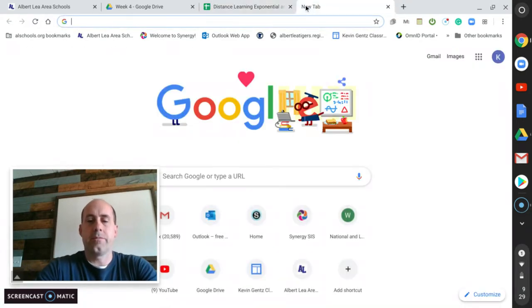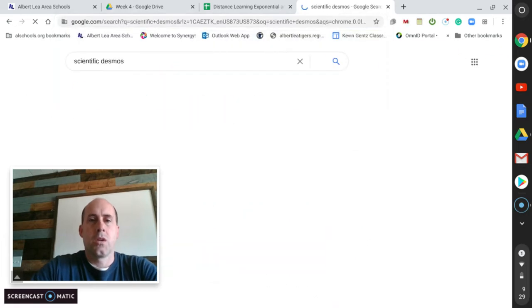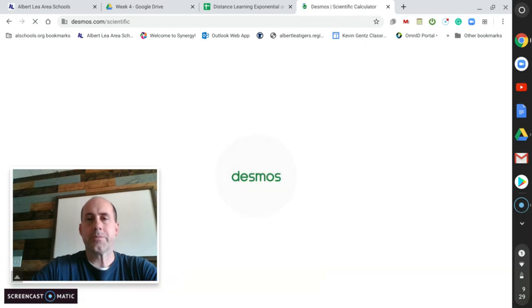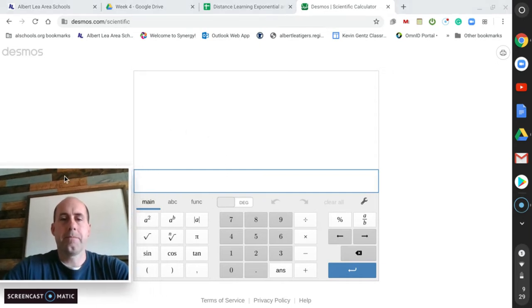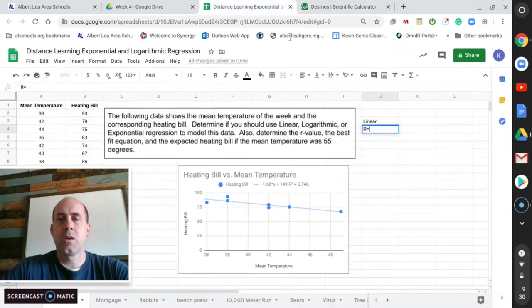I'll use a scientific calculator or Desmos, which usually turns out pretty good. Square root of 0.746, and you can see I get 0.8637. So I'm just going to go with 0.86.